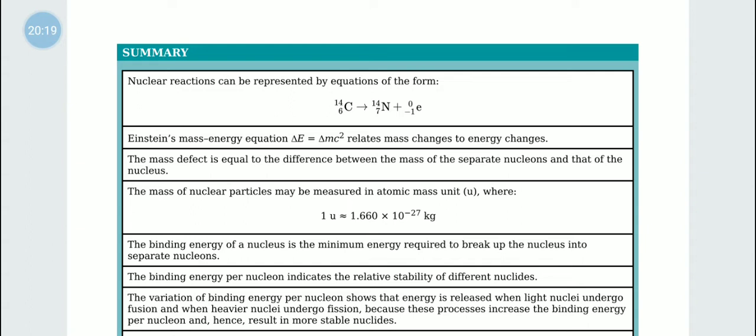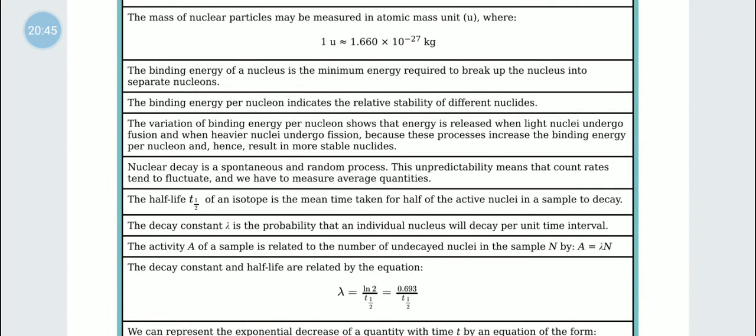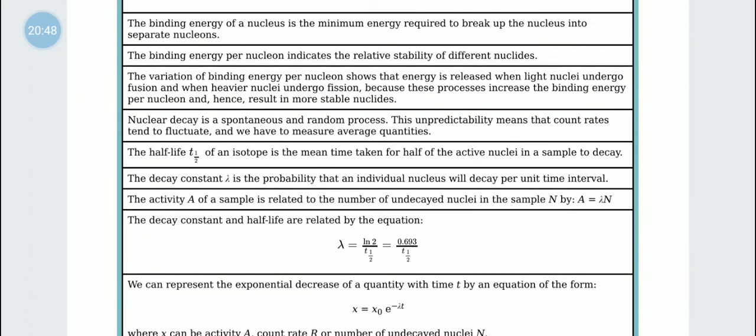Then the mass defect is equal to the difference between the mass of the separate nucleons and the nucleus. We obtained the atomic mass unit, which is equal to 1.660 times 10 to the power minus 27 kg, that is 1 u. The binding energy we discussed, that is the minimum energy required to break up the nucleus into separate nucleons. The binding energy per nucleon indicates the relative stability of different nuclides.